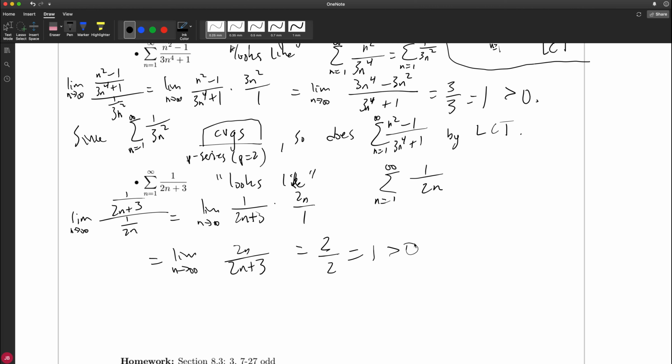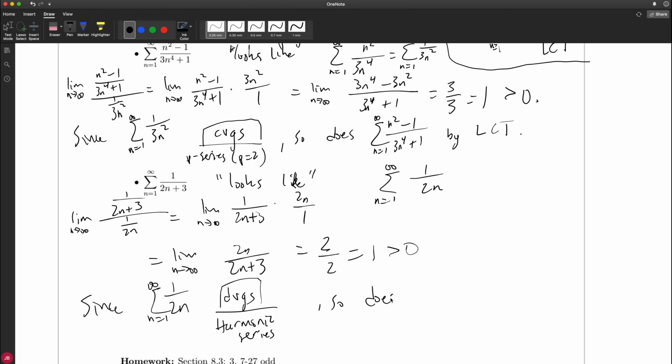And since that number is positive and finite, we say since the sum of 1 over 2n, notice that's not 2 to the n, it's 2n, diverges, it's harmonic, right? So does the sum of 1 over 2n plus 3, by LCT.